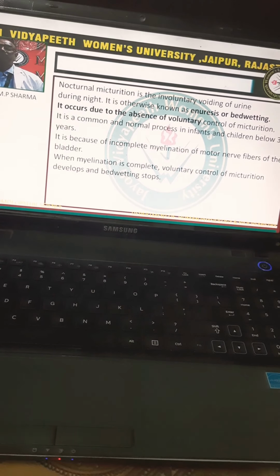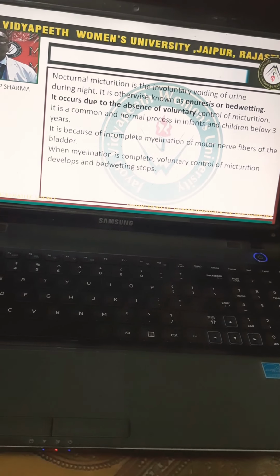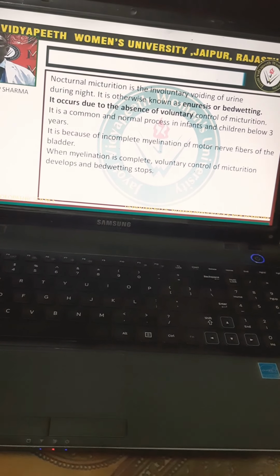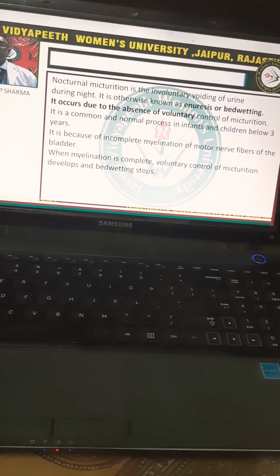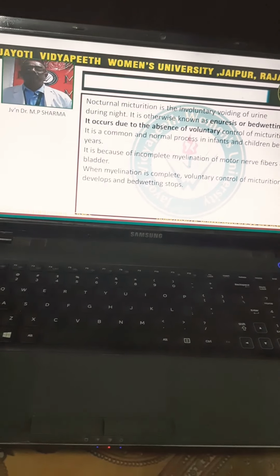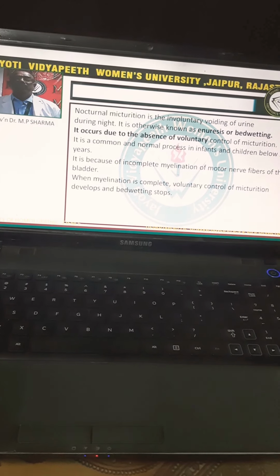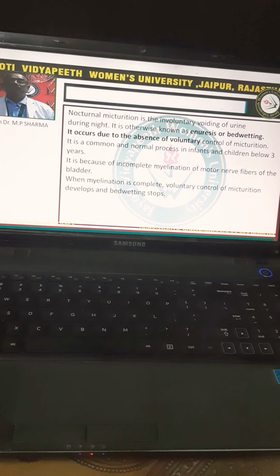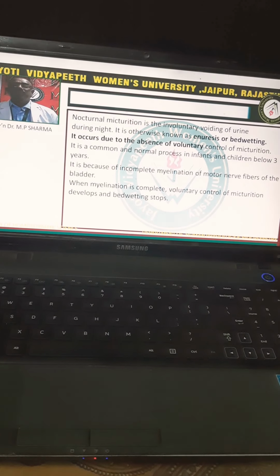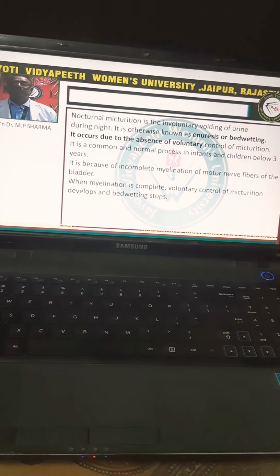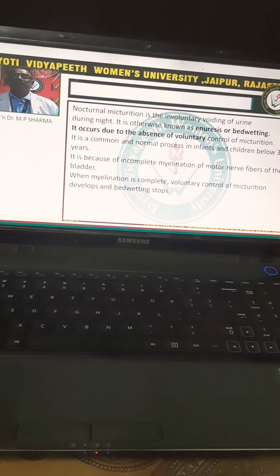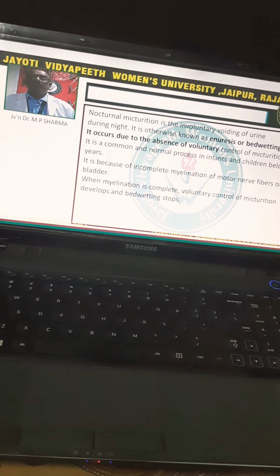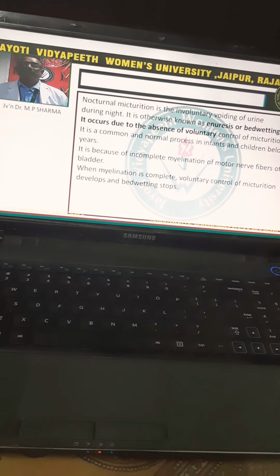Nocturnal micturition is the involuntary voiding of the urine during the night and it is otherwise known as enuresis or bedwetting. It occurs due to the absence of voluntary control of the micturition and it is a normal process in infants and children below 3 years, because of the incomplete myelination of the motor nerve fibers to the muscle fibers of the bladder.